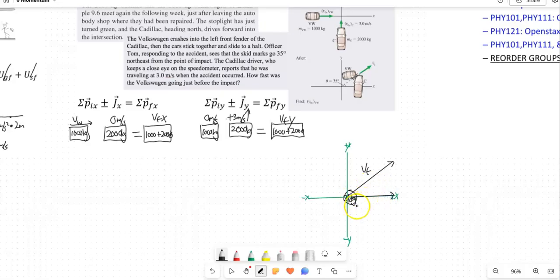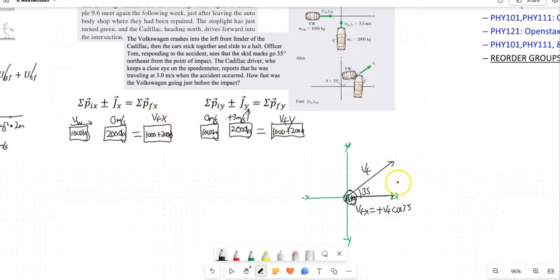Now, we know the angle, which is 35 degrees. So it's moving to the right at v final cosine of 35 degrees. That is the final velocity in the x direction.